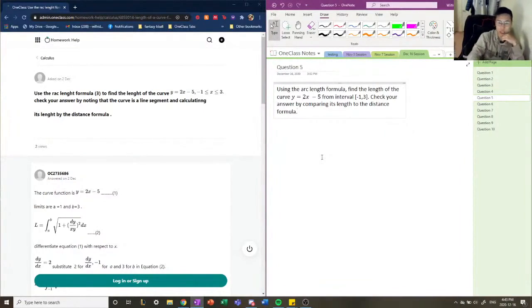The arc length formula uses integrals to calculate the length of a curve, and this is the formula for it.